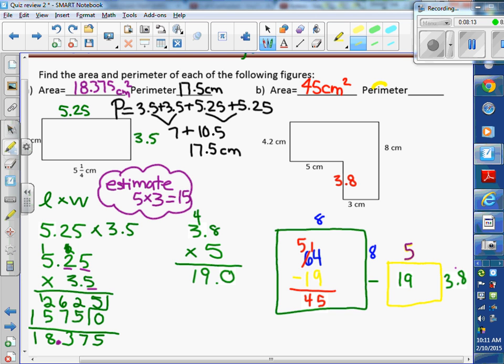In other words, remember that word rim is built in to the word perimeter. You're adding everything on the rim. So this is 4.2. And then this, if you remember, we just figured out was 8.